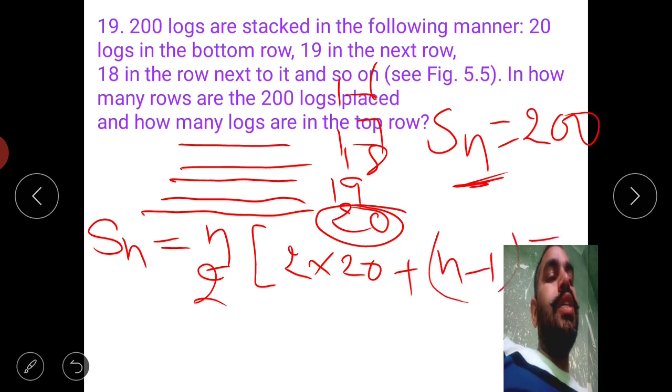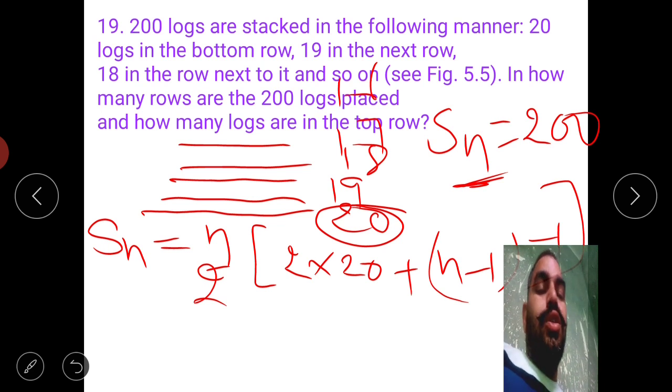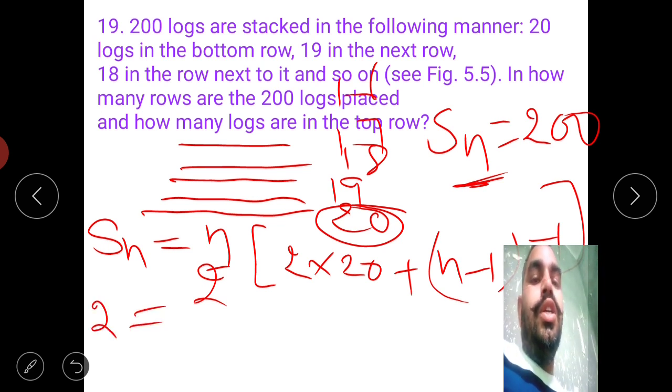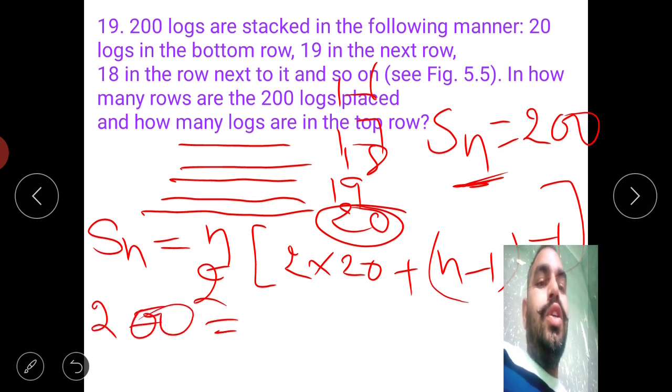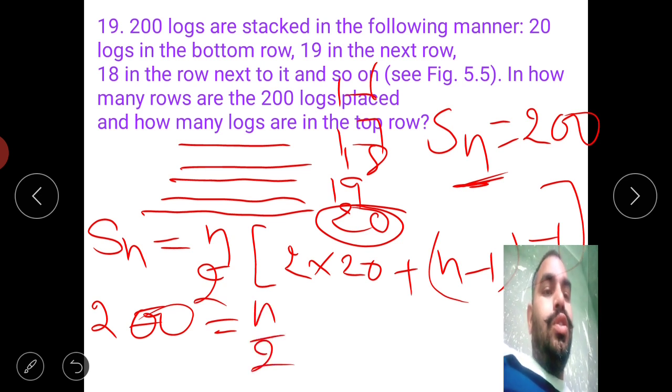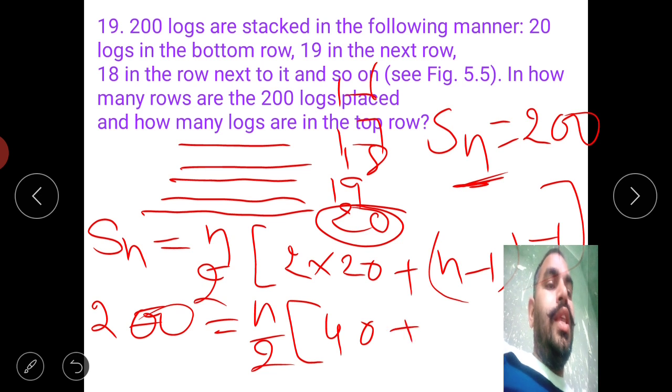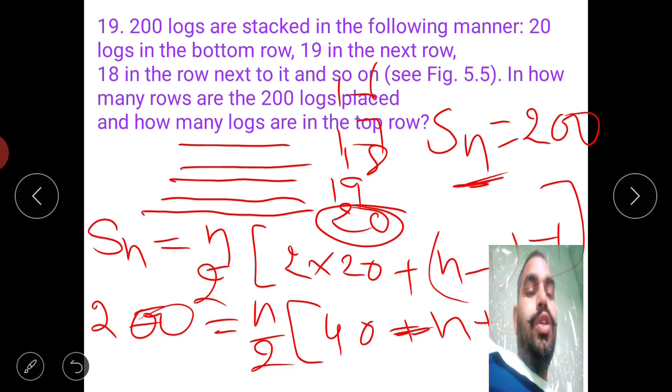A is the first term, that is 20, so 2 into 20, and d is minus 1. Got it or not? So that can be written as 200 is equal to n by 2 into 40 plus minus n plus 1. Got it or not?